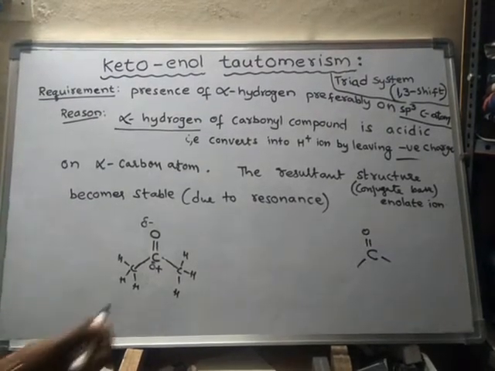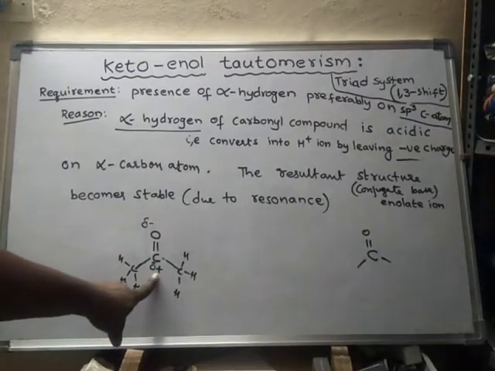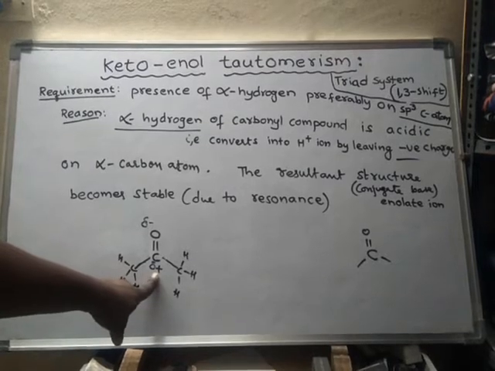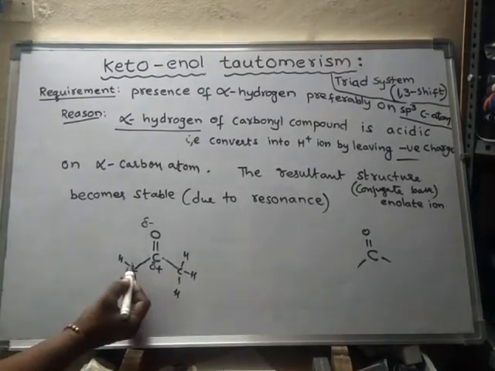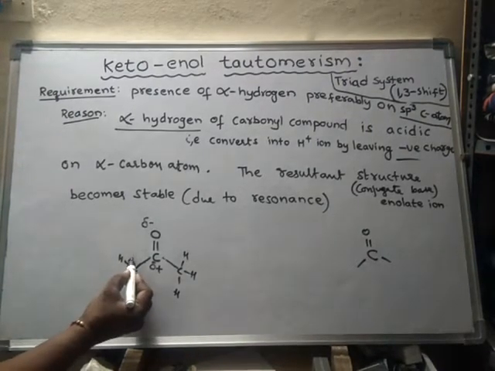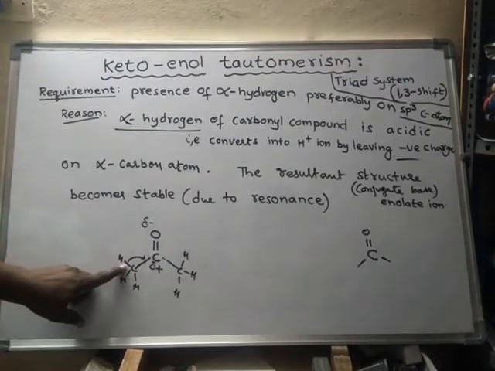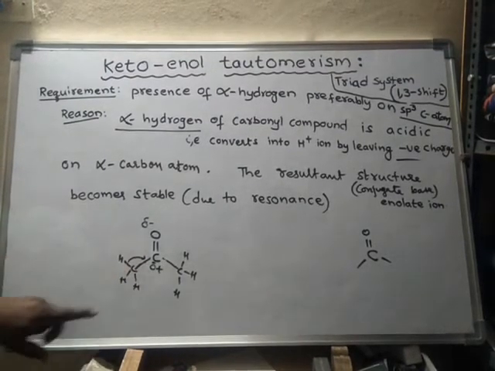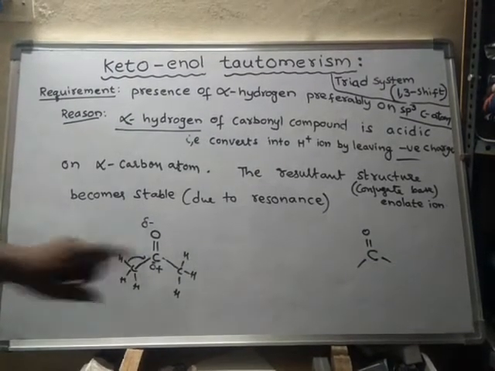As it has a positive charge, it is deficient in electrons. Hence it will try to take the electrons present in this bond. These electrons will move to this carbon.